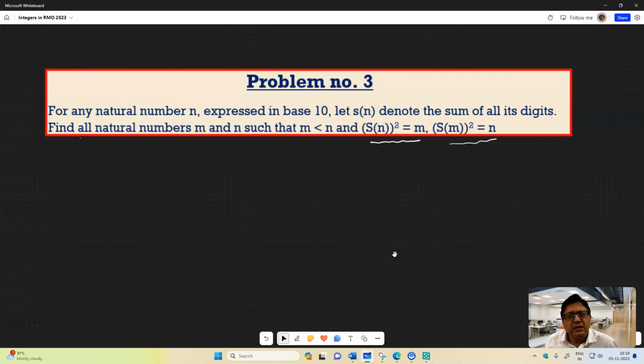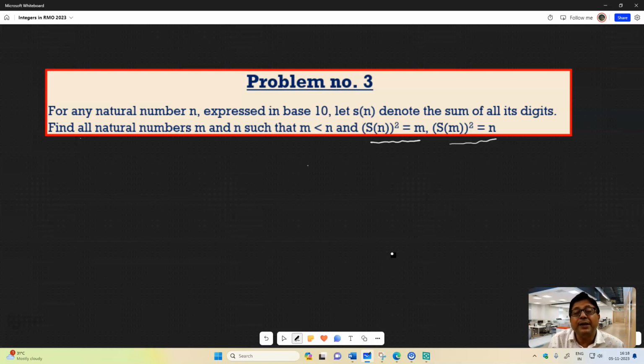So the question is, the number can be of any digit form. Can it be 5-digit form? Can it be 6-digit, 9-digit? Then I'll spend my whole life finding those numbers. I'm telling you, no. See the statement here, find all natural numbers such that Sn squared, sum of the digits.